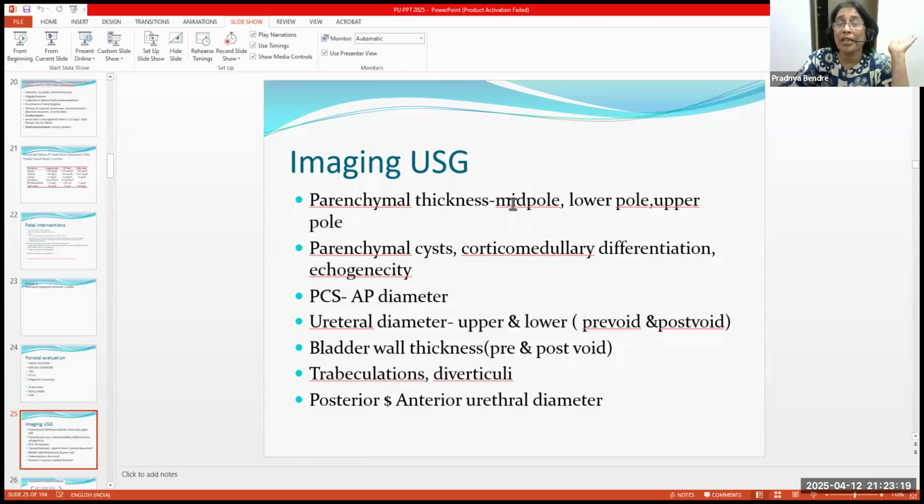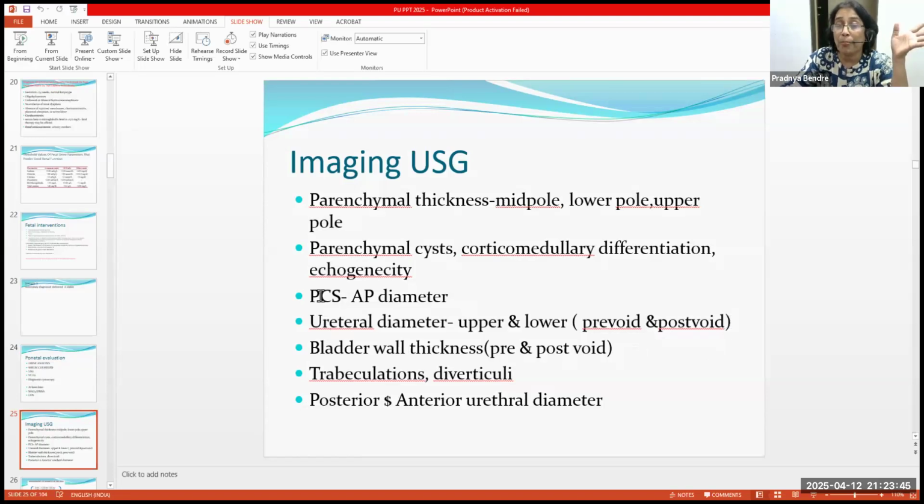We check the parenchymal thickness at the middle, lower and upper pole. We check for parenchymal cysts, corticomedullary differentiation and echogenicity. These three findings tell you that the child probably has dysplasia, and these are not good kidneys; these are irreversible changes.